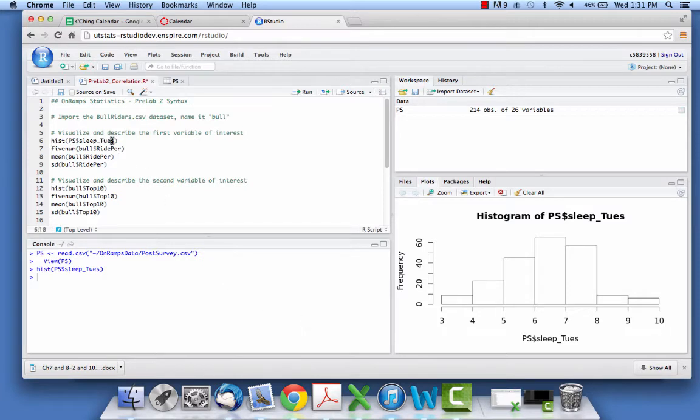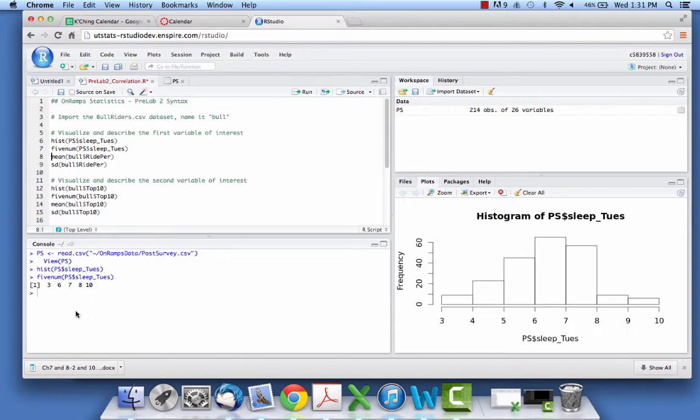Then I'm going to do several other things, which we've done in the past, on this set. Right now we're looking at one variable, so I get the 5-number summary. If I was asked the median, I would say it's 7. If I was asked the interquartile range, I would say it was 2. If I was asked for the minimum, I would say it was 3.